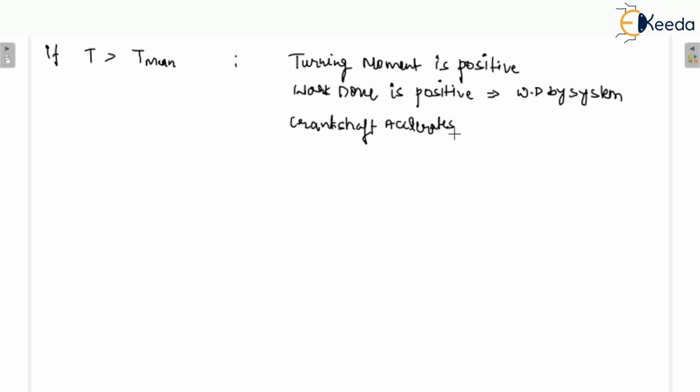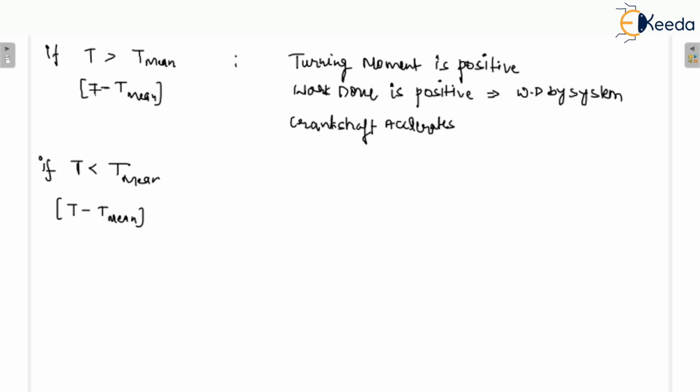Crankshaft accelerates. Okay. Now, if the turning moment of the engine is less than the mean resisting torque, so if you write T minus T mean, you can write that as the difference.